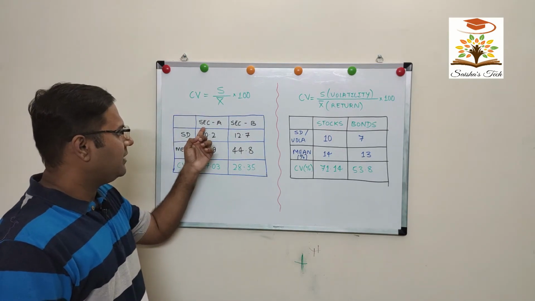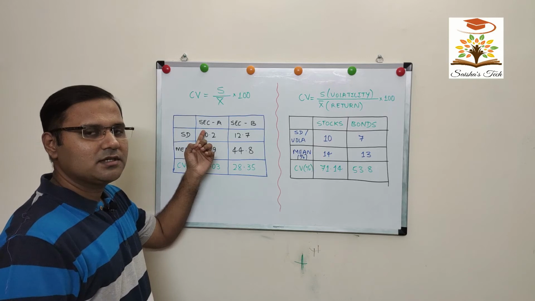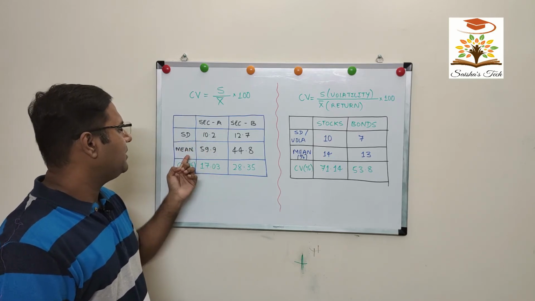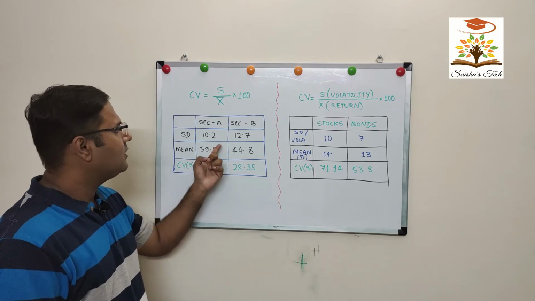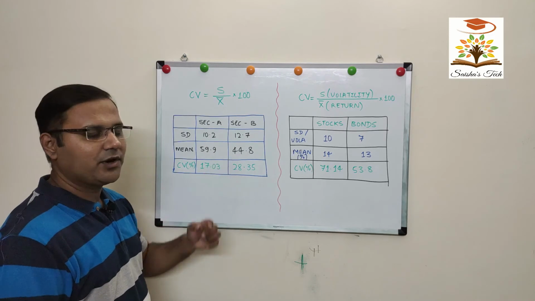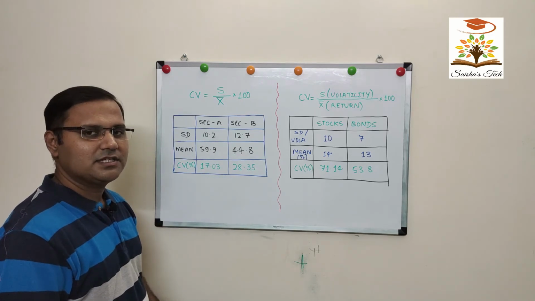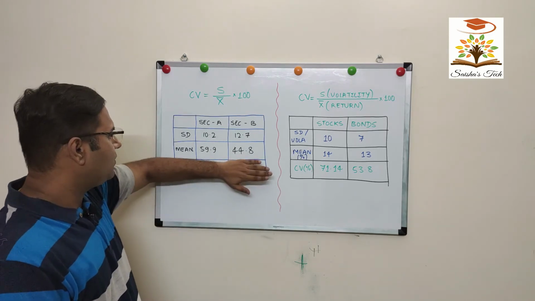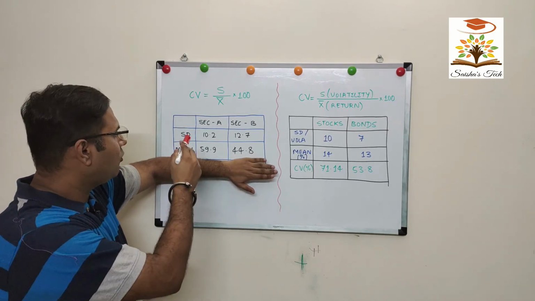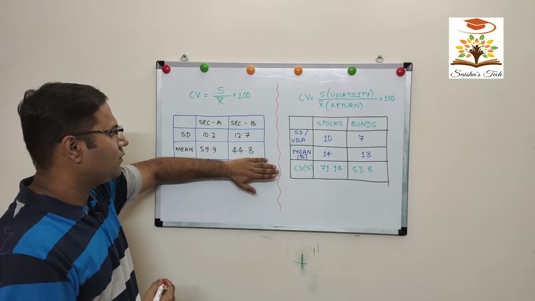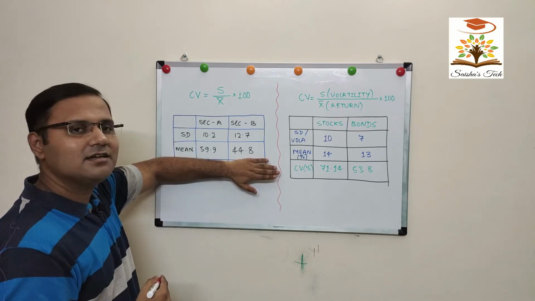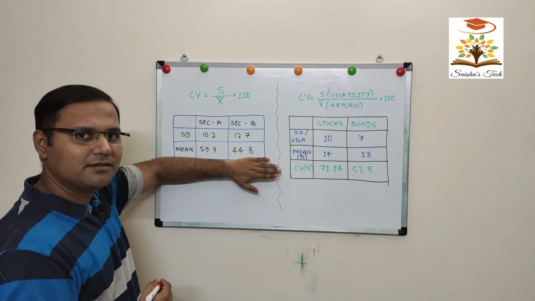In section A, the test results of the multiple choice questions had a standard deviation of 10.2 with a mean of 59.9. And similarly, section B had a standard deviation of 12.7 and a mean of 44.8. If we do not calculate the coefficient of variation and only observe the standard deviation and the mean for both sections, we can see that section B has a maximum spread of data.